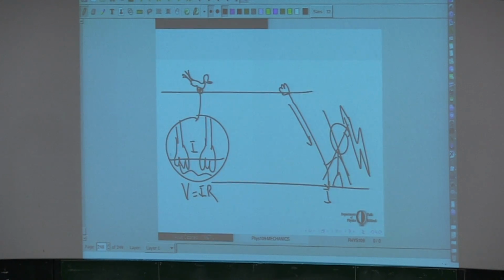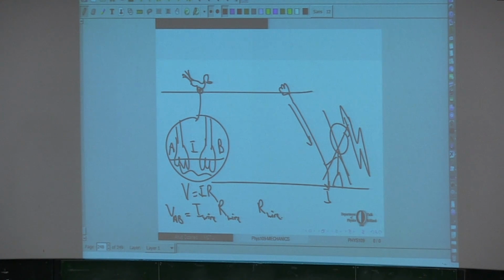Well, you see, this is the point A, this is the point B. The potential difference between A and B will be the current running through the wire times the resistance of the wire. That part only. The resistance of the wire, if it's made of copper, will be very small.